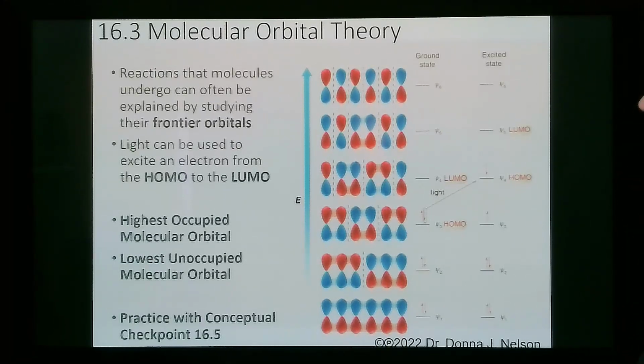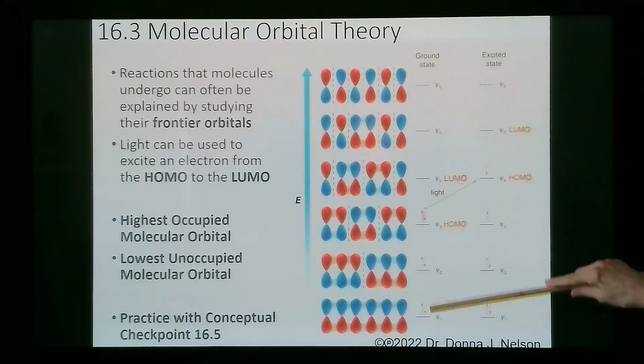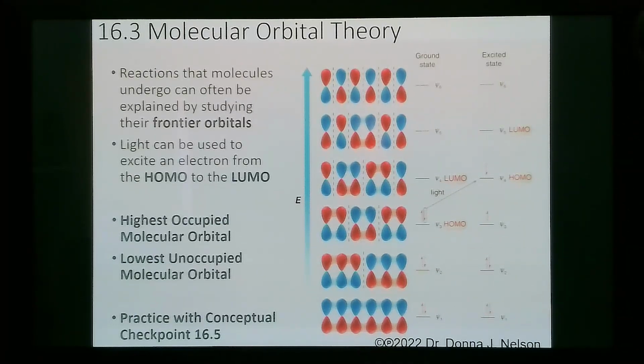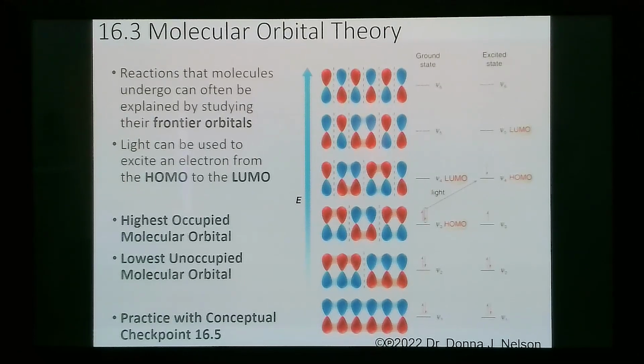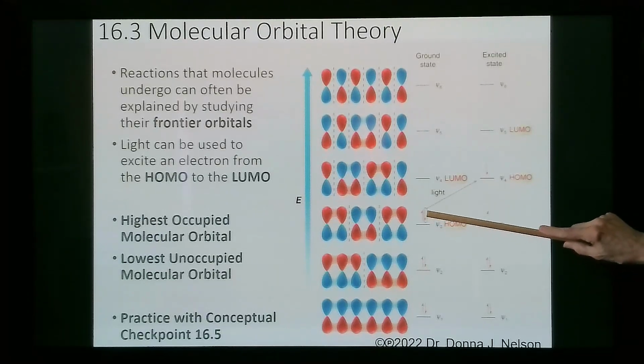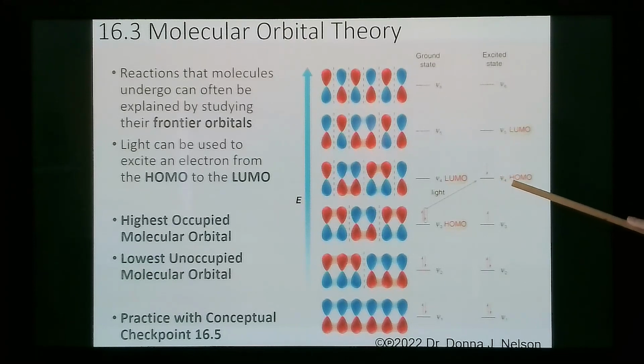If they occur thermally, you're going to be using the ground state molecular orbitals. If they occur photochemically, then you're going to be using at least one excited state. And when that happens, in the excited state, one of the electrons in the HOMO gets promoted to the LUMO.